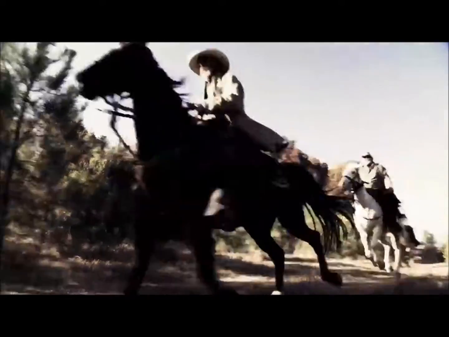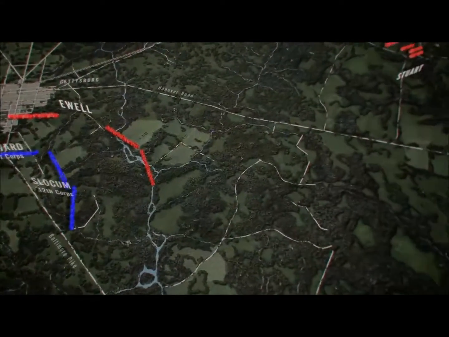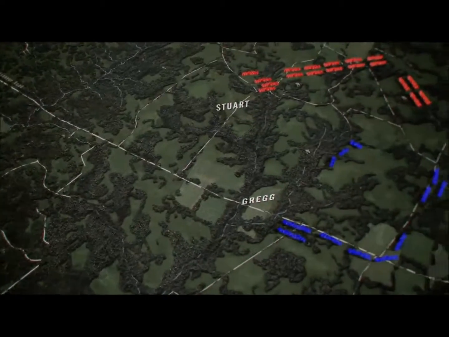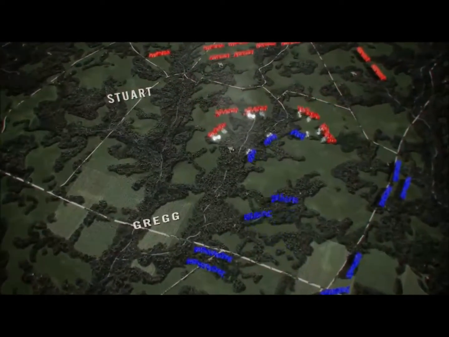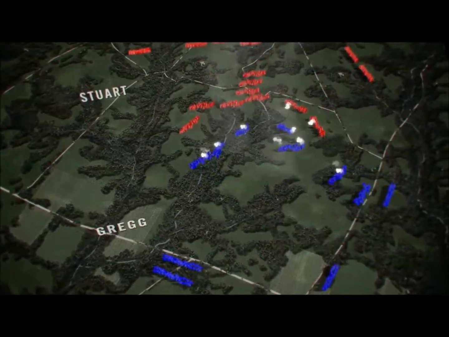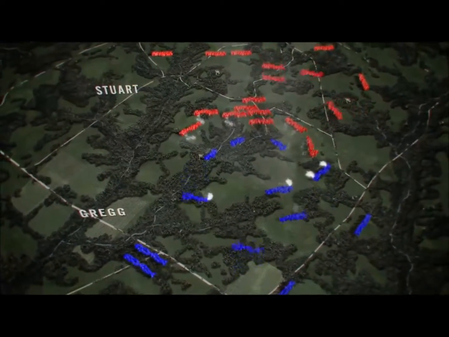As events unfold in the center, cavalrymen are active on the flanks. In hopes of threatening the Union rear, Confederate General Jeb Stuart's horsemen try to swing around the Union Army. They are stopped east of Gettysburg by Union cavalrymen under General David M. Gregg.